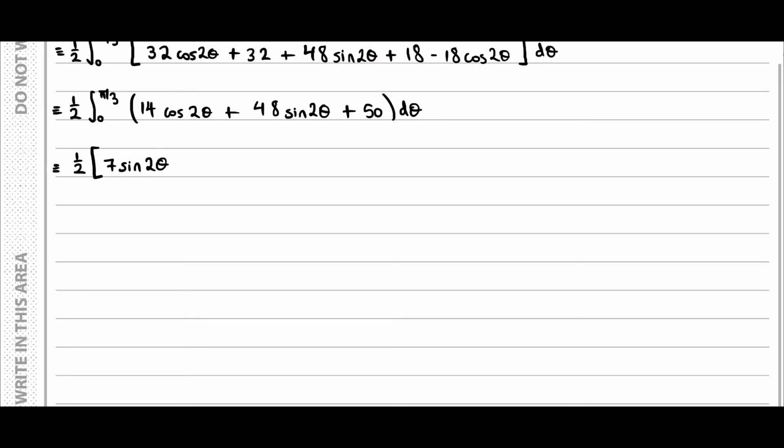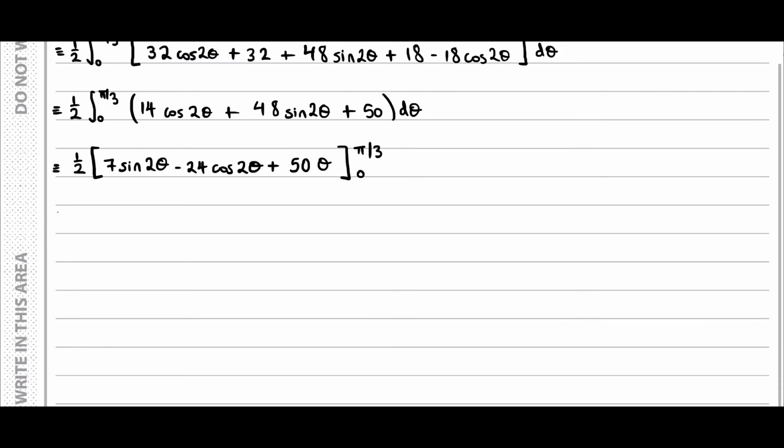And then integrating 48 sine 2 theta, that would be minus 24 cos 2 theta. And then integrating 50, we have 50 theta. And we wish to evaluate this between 0 and pi over 3.